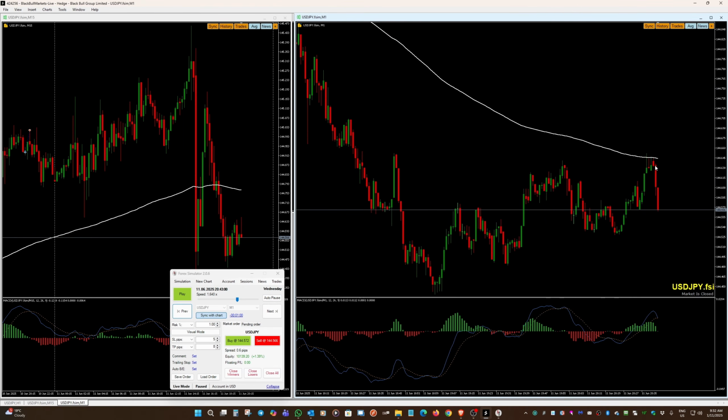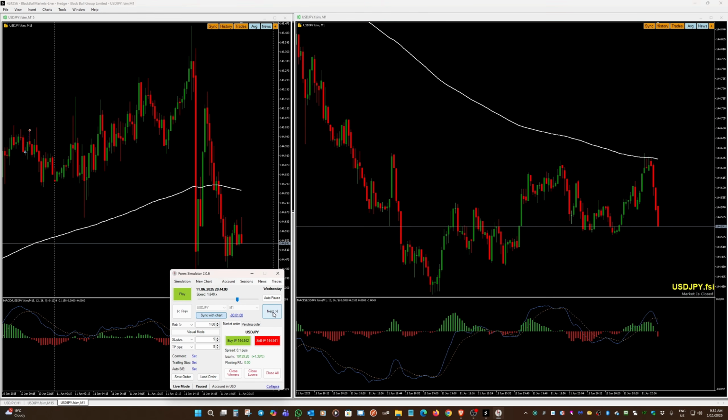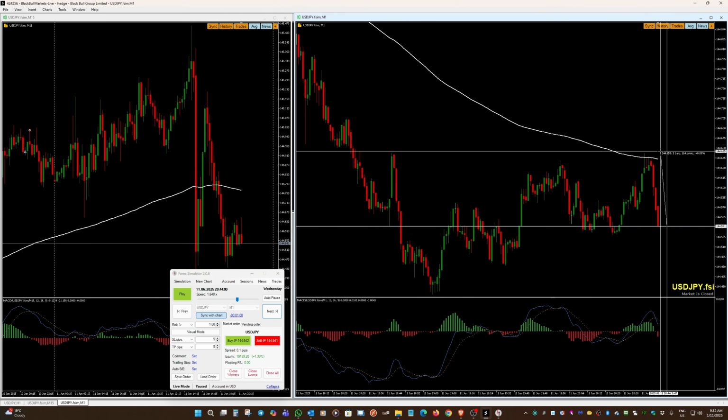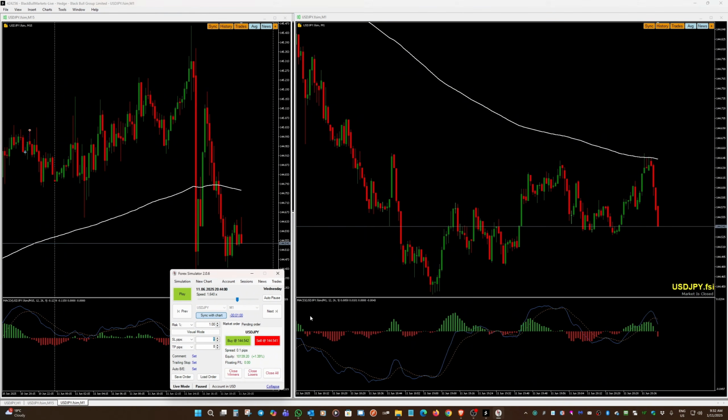But this is a better looking example here. We can see it pulled back to the 200 and it's just crossing now. So we probably want to move forward one more candle. And there it is. Let's see, stop loss is around, say, 11 pips, which gives us about a 17 or 18 pip take profit.